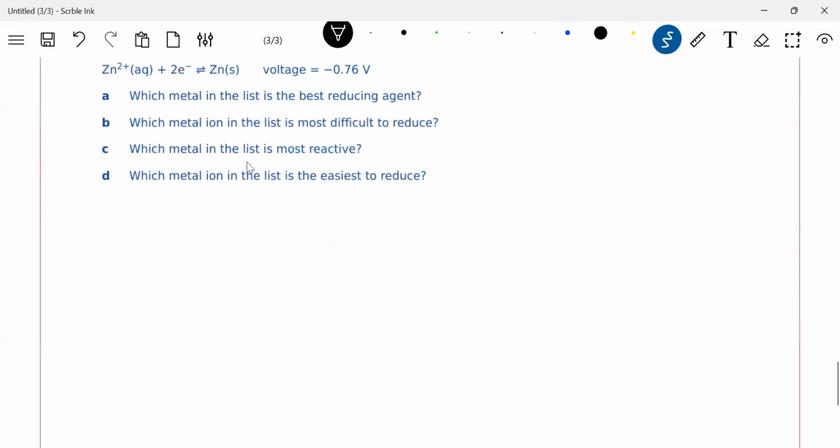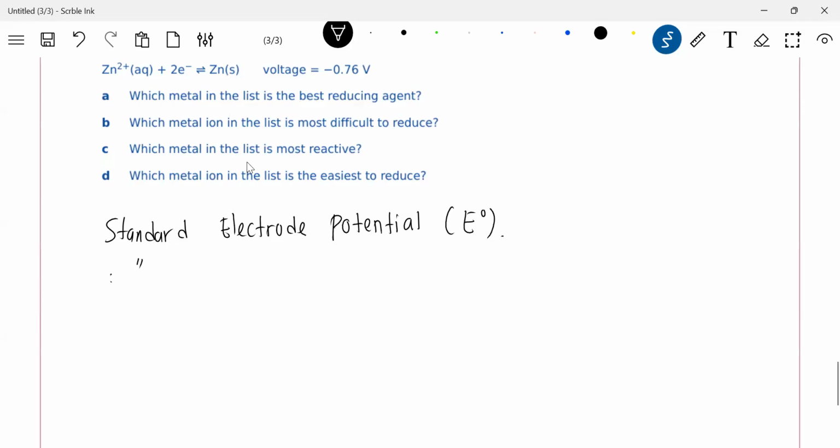Okay, we call it standard electrode potential, E0. What is the concept?